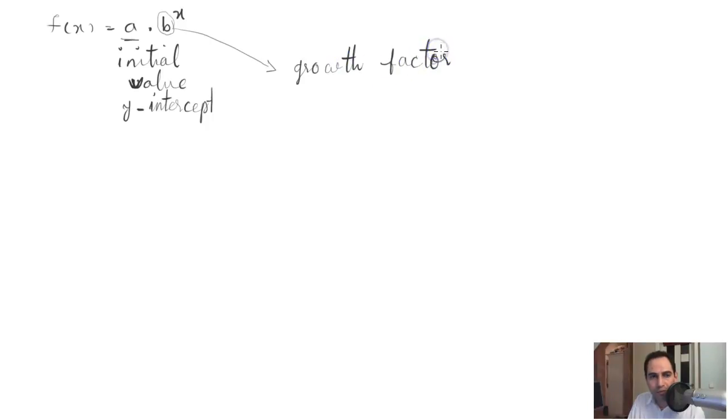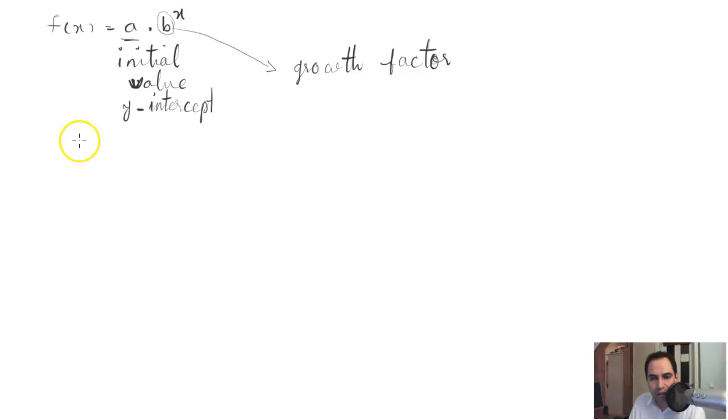So, for example, let me give you an example. Of course we have done this before, but just for the sake of explanation. Let's say you have some sort of wildlife population that has been controlled by man in some way, for example a population of deer.